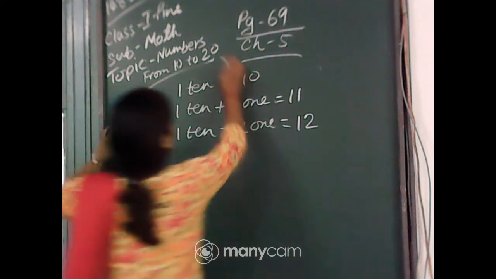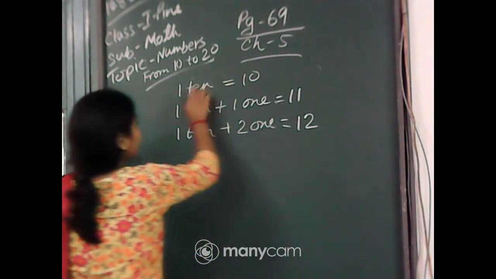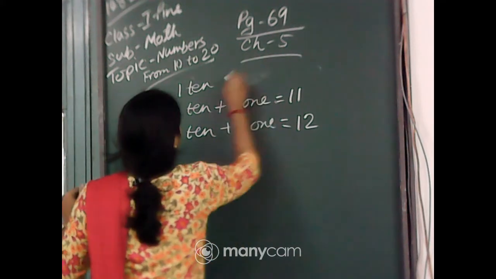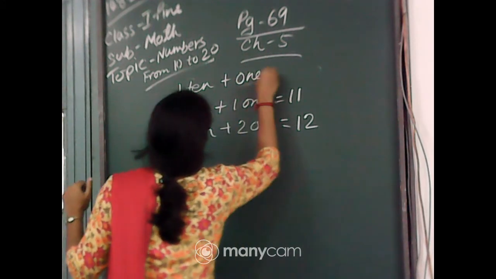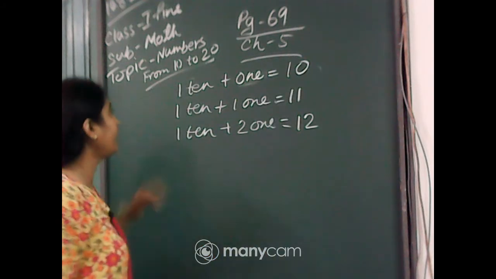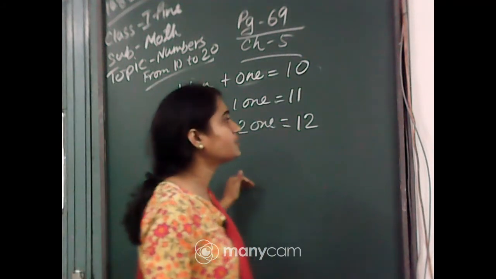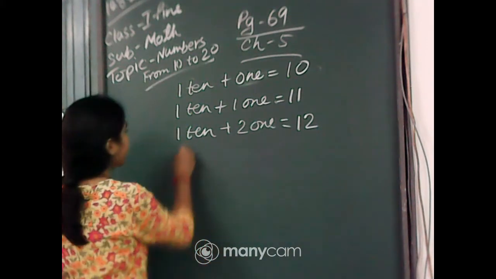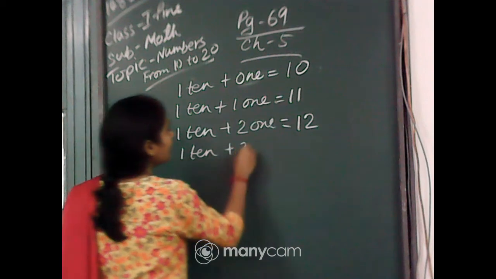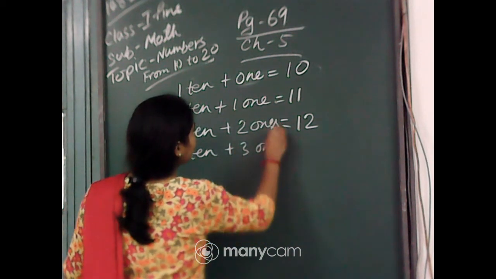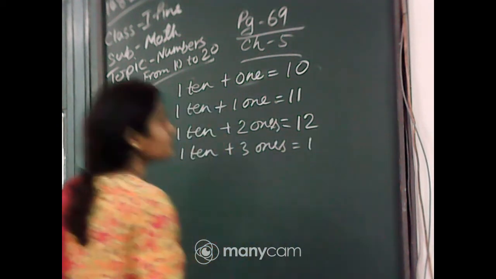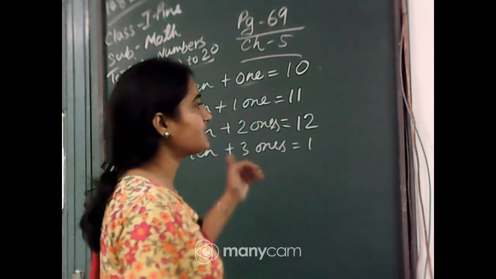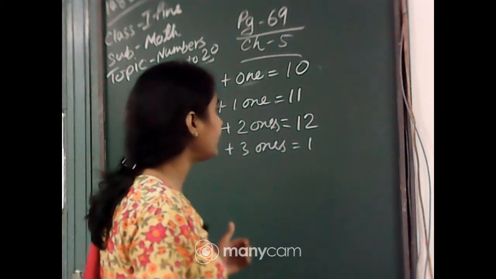1 ten equal to 10, that means in 10 we can write 1 ten and 0 ones. 1 ten plus 0 ones equal to 10. 1 ten plus 1 one equal to 11, 1 ten plus 2 ones equal to 12. Now 1 ten plus 3 ones equal to 13.